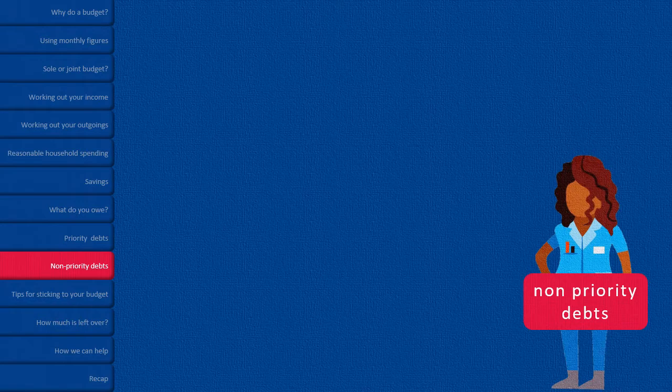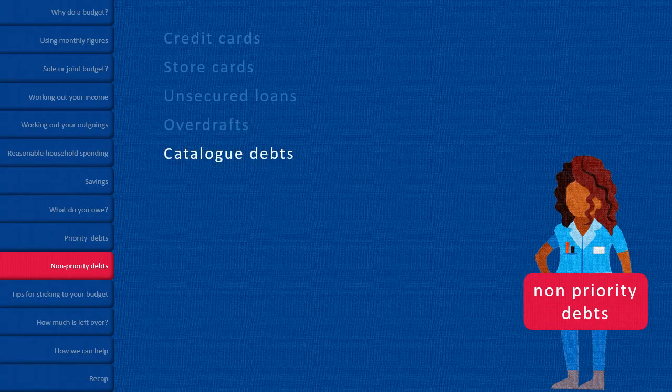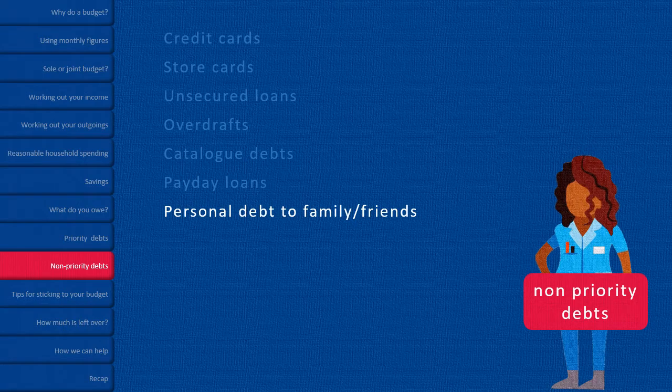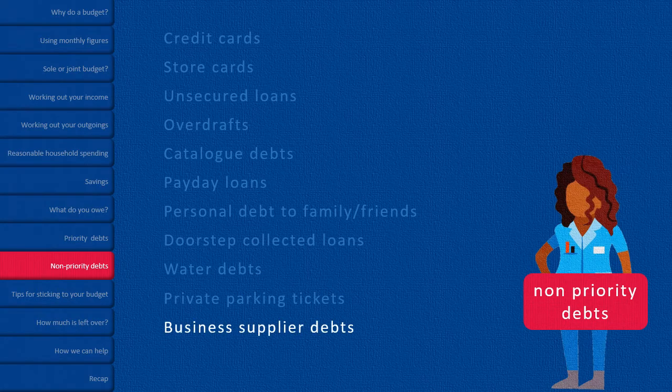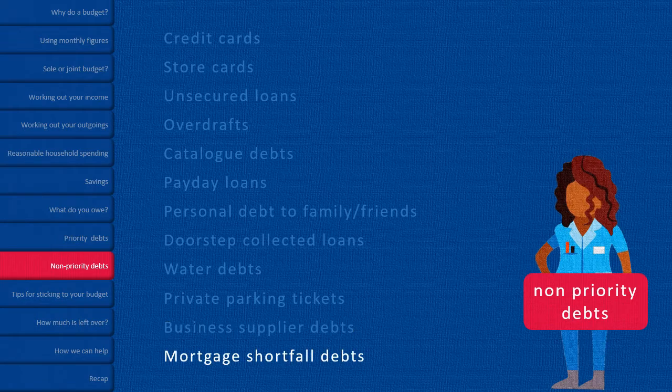Common non-priority debts include credit cards, store cards, unsecured loans, overdrafts, catalogue debts, payday loans, personal debt to family and friends, doorstep collected loans, water debts, private parking tickets, business supplier debts, if you have stopped trading, and mortgage shortfall debts, which is money owed after sale of a property.